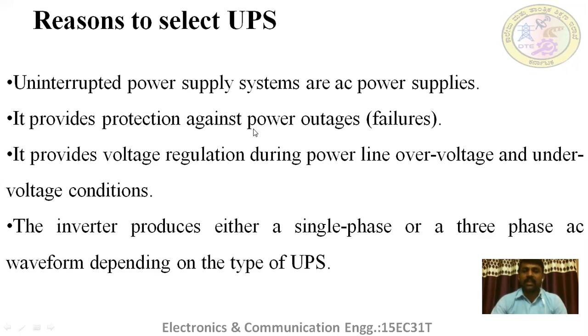It provides protection against power outages or power failures. This UPS not only supplies power, also protects loads from power failures such as high voltages, that is power surge, power spikes, noise and etc.